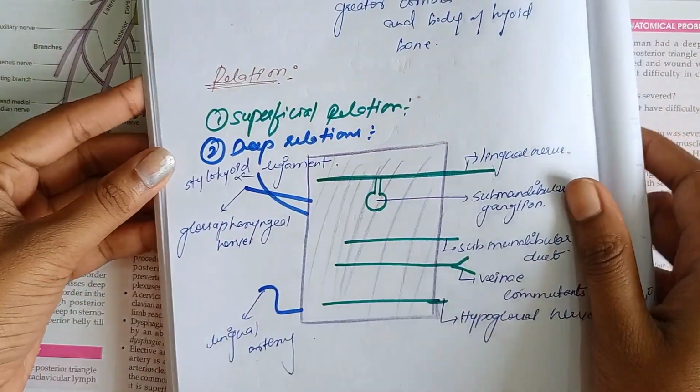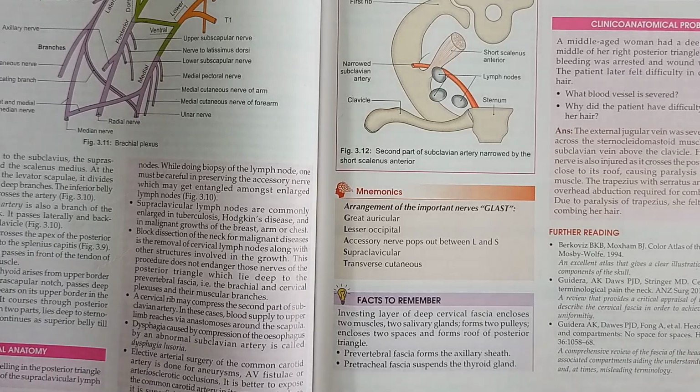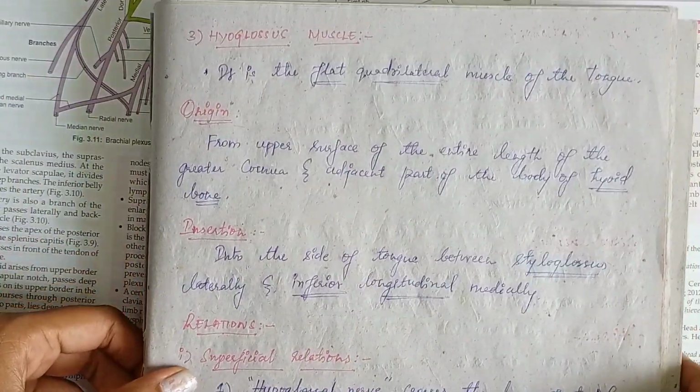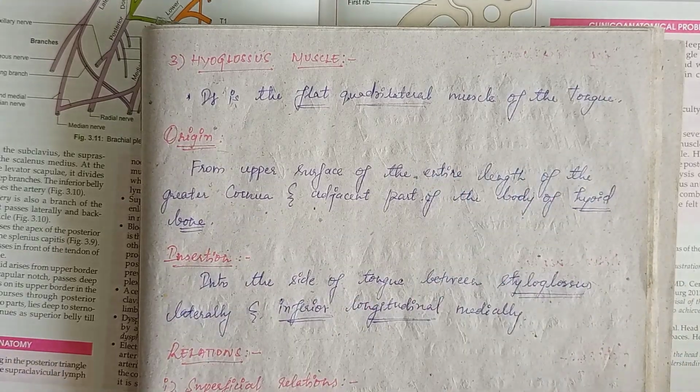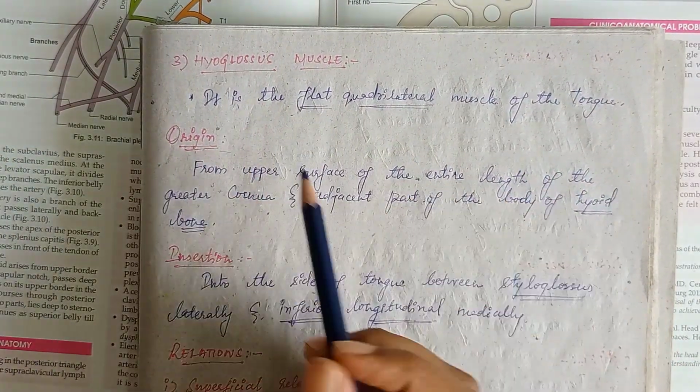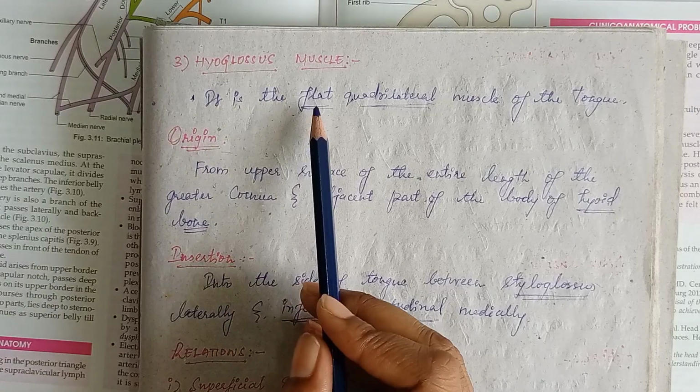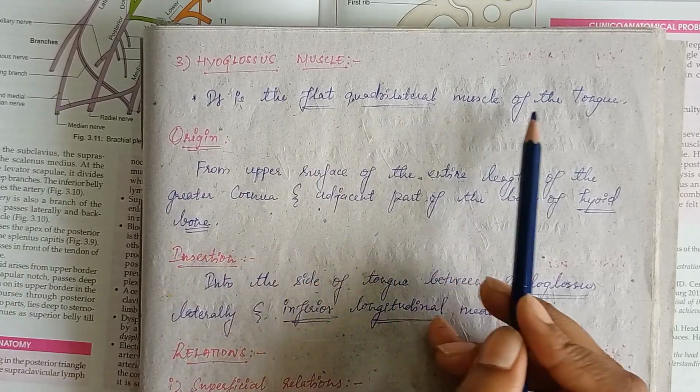So let us see it clearly. First of all, the hyoglossus muscle. As we know, it is the flat quadrangular muscle of the tongue.